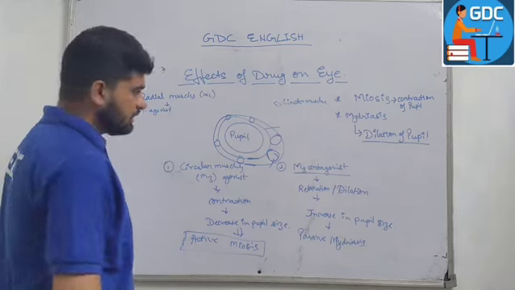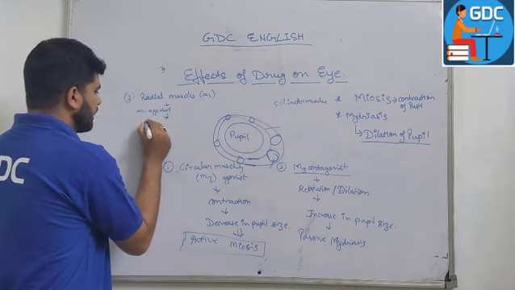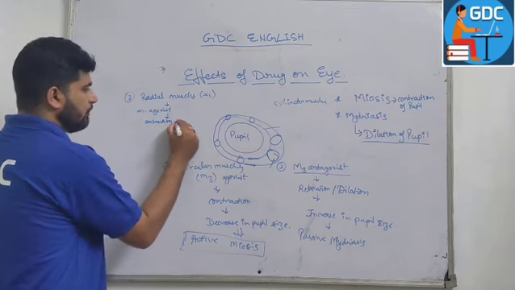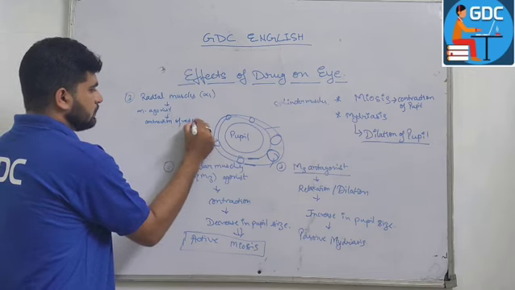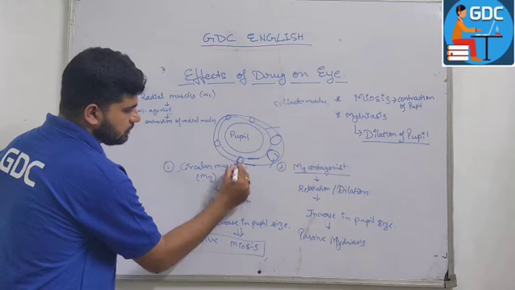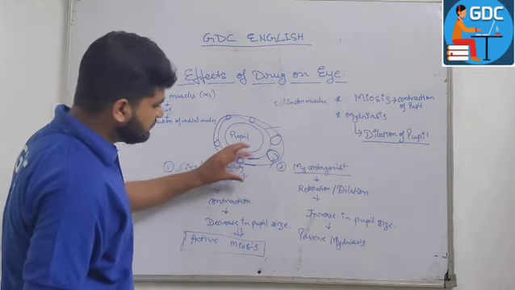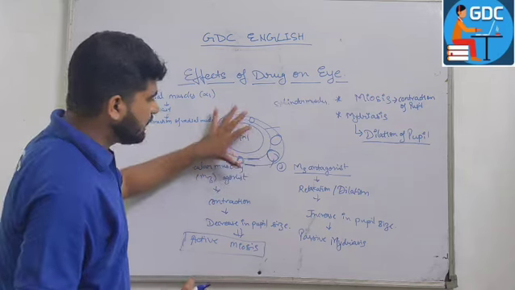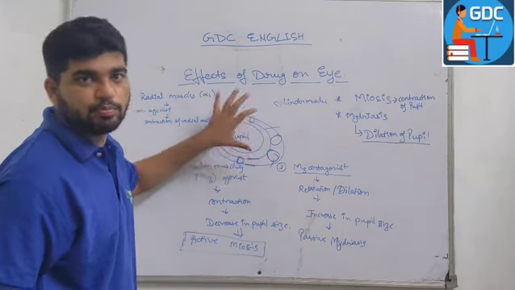The alpha 1 agonist will cause contraction of radial muscles. So these are the radial muscles. If these muscles contract, what will happen? There will be a dilation inside the pupil.